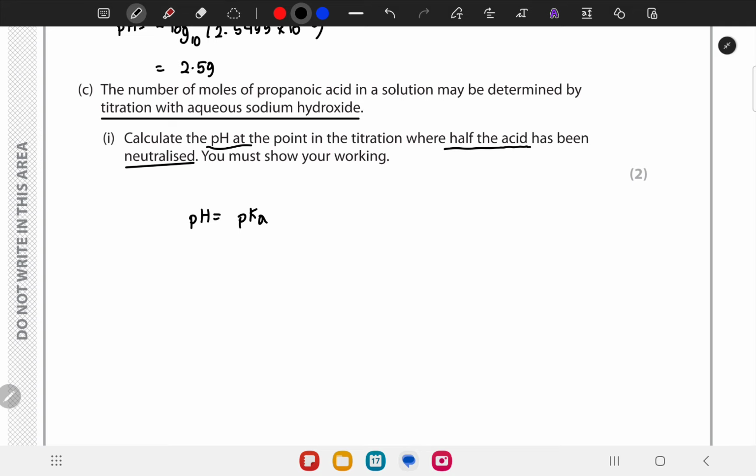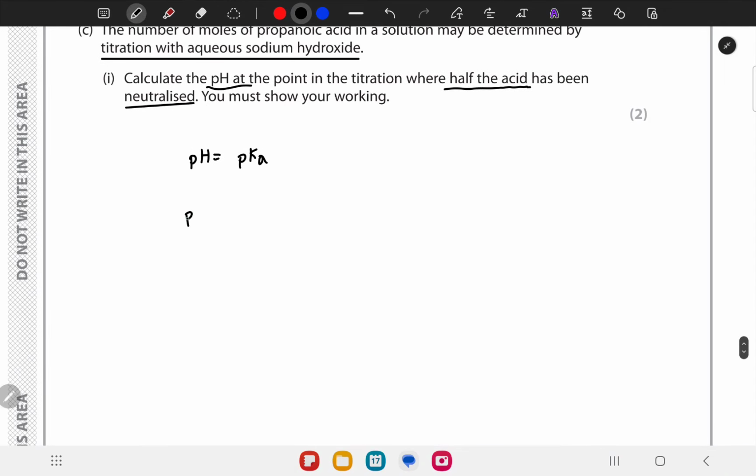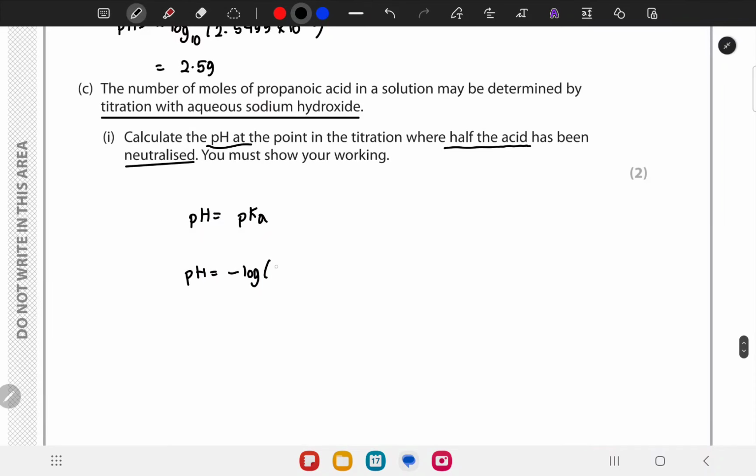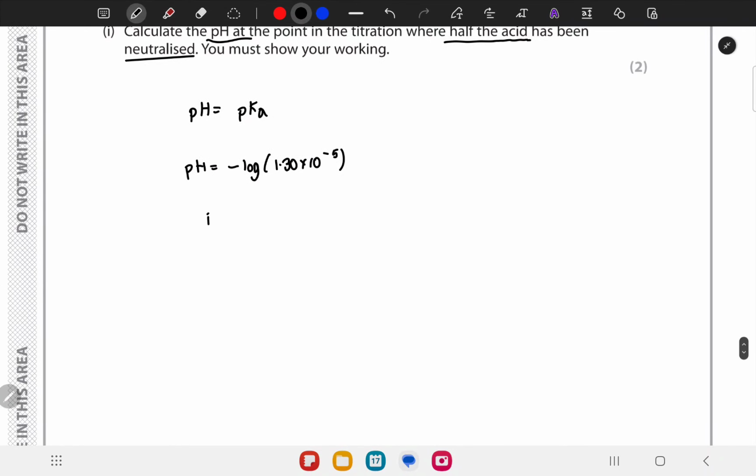This will basically be an acid buffer because we are adding a strong alkali to a weak acid. And for buffers, at the half point, the pH is equal to the pKa. So pH in this case will be minus log of Ka, which is 1.3 times 10 to the power minus 5. So pH would be 4.89.